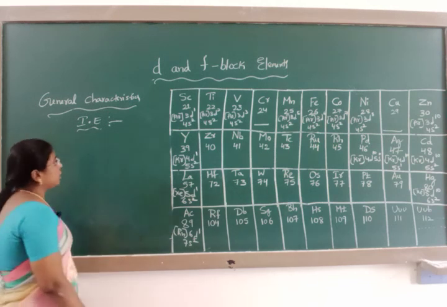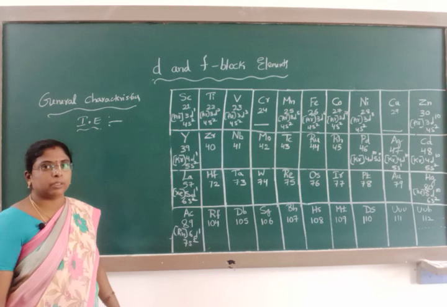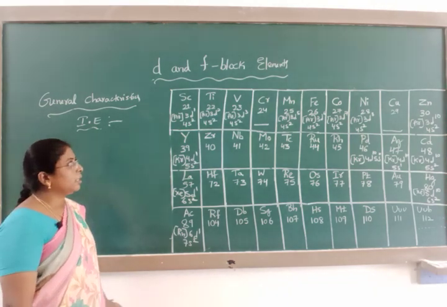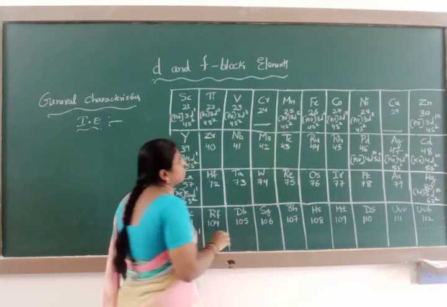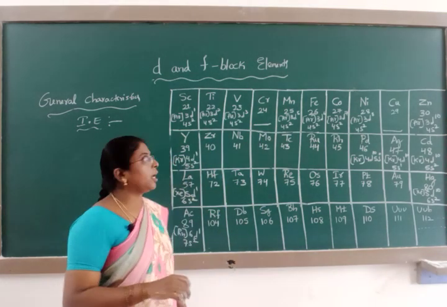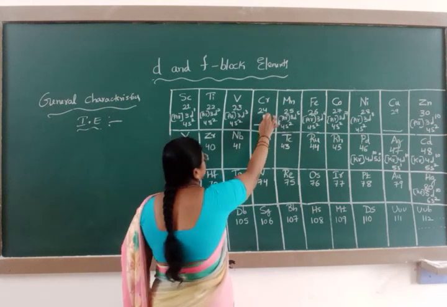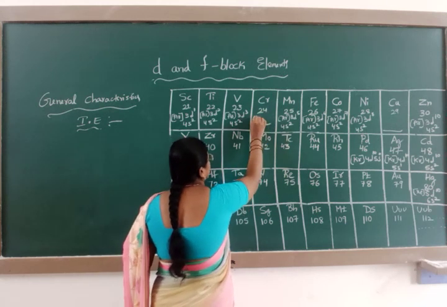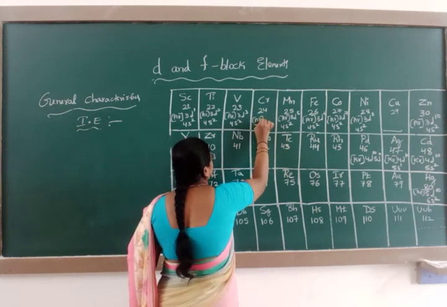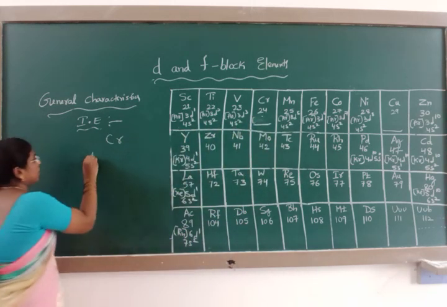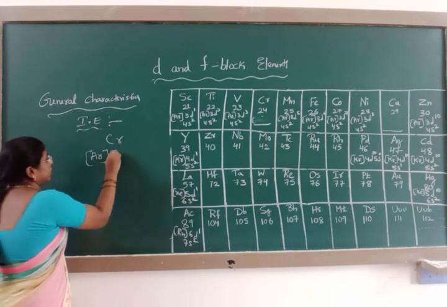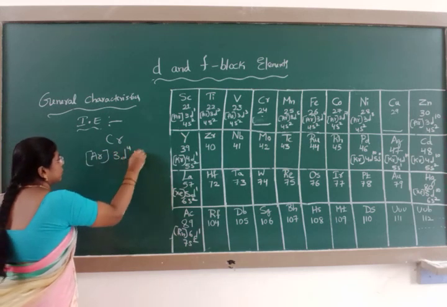For ionization enthalpy, for a few elements, I want to explain regarding chromium. Chromium has 24 as its atomic number. I will write here, chromium should be argon 3d4 4s2.